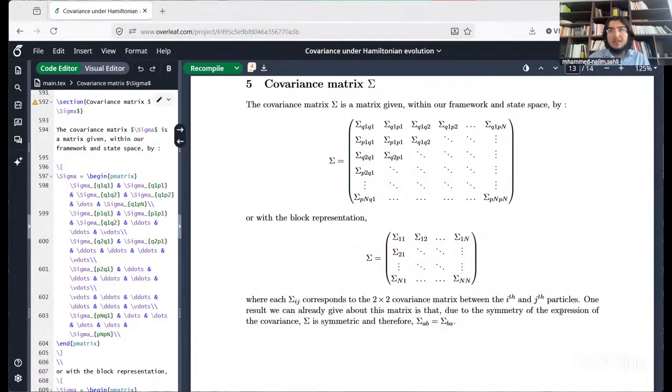So the question is, can we find a 10 by 10 linear map such that when we take a vector given by those 10 elements of the covariance matrix that are independent from each other, it just takes us from one time to the other, given that the evolution is given by one generator of the Lie algebra.